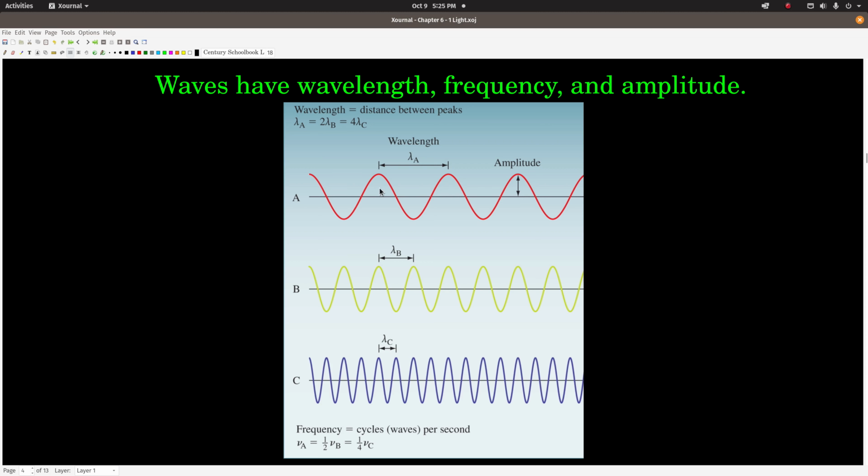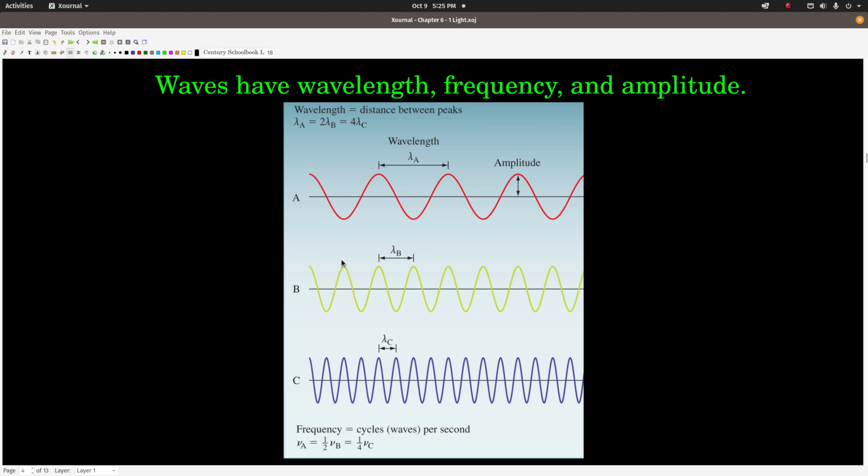Frequency is how many wavelengths pass through a given surface area per second. Another picture that really helps with this, I think, is if you imagine yourself standing on a beach and count how many times a wave hits your ankles. The number of waves that hit your ankle per second or per minute would be the frequency of that wave.